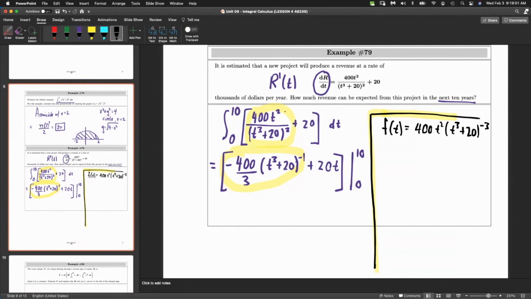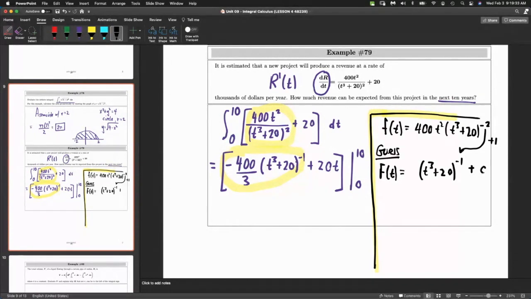I'm just copying what's in the integrand over here. I'm going to guess now that the antiderivative is the following. So that's negative 2. I'm going to guess that the antiderivative is just 1 degree higher on the exponent.